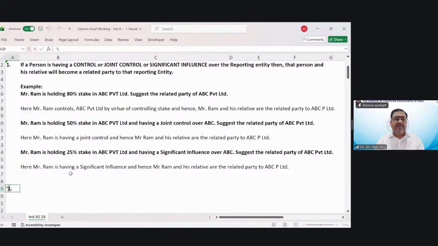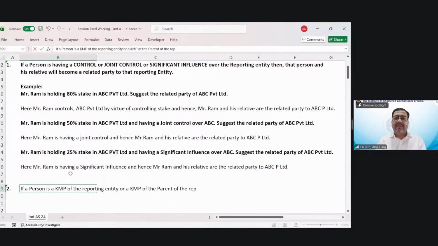Now, Saminathan, this file becomes complete file. If you refer only this Excel file, your job is over. Second, if a person is a KMP of the reporting entity or a KMP of the parent of the reporting entity, right? Then that person and his relative, guys, again I'm reiterating, relative word is not used. Which word is used?